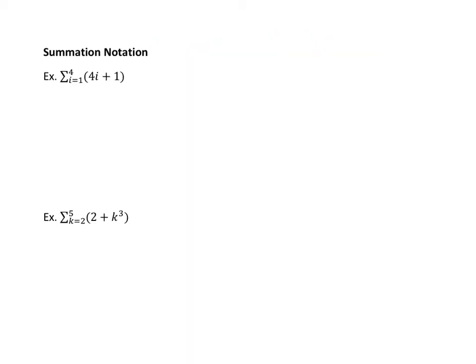Okay, summation notation. This is telling us we're taking the sum from term 1 to term 4, and this is our pattern. So term 1 would be 4 times 1 plus 1 would be 5. Term 2, 4 times 2 plus 1, 9. 4 times 3 plus 1, 13.